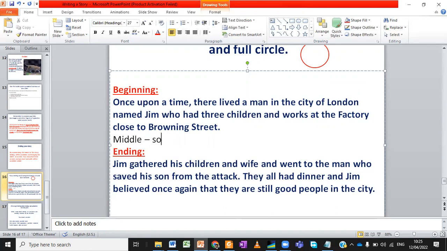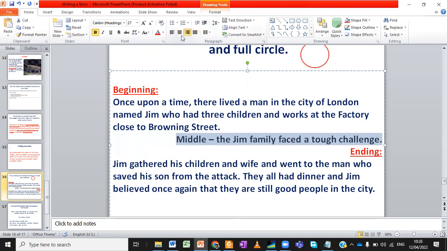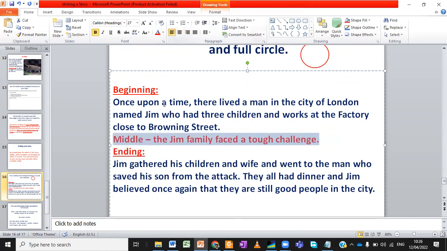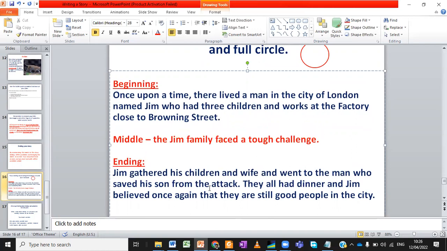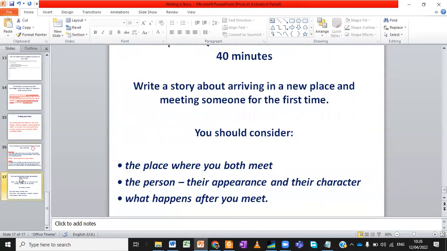The Jim family faced a tough challenge. There must be a problem to solve. Then at the end, you have to end the story. You must solve that problem, which is what you did here. So you must bring your story to conclusion.